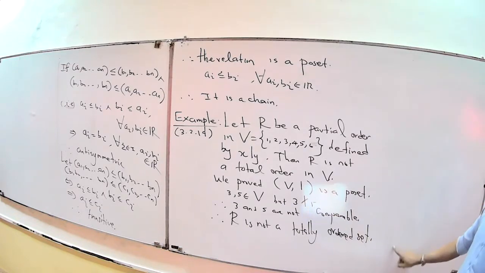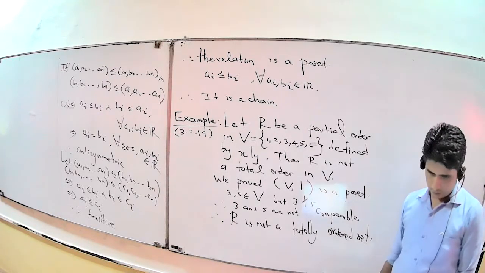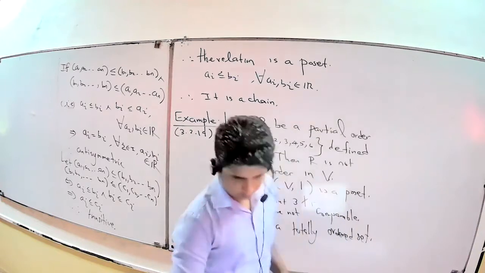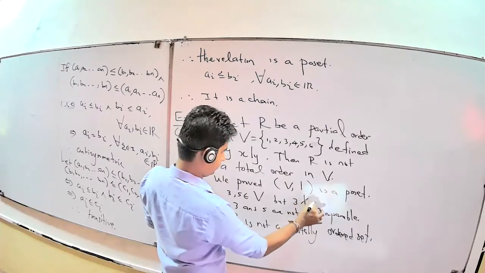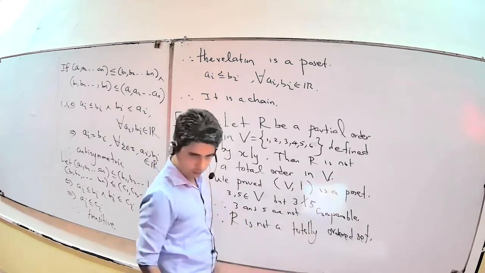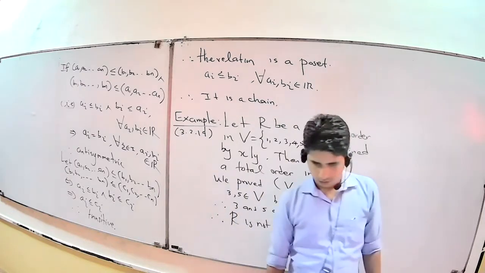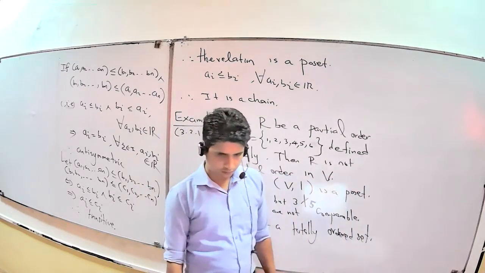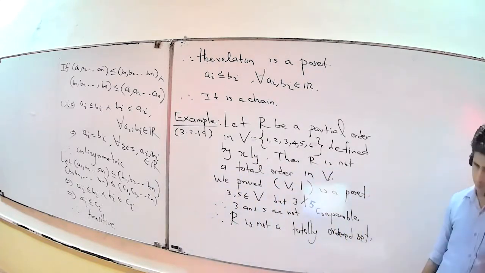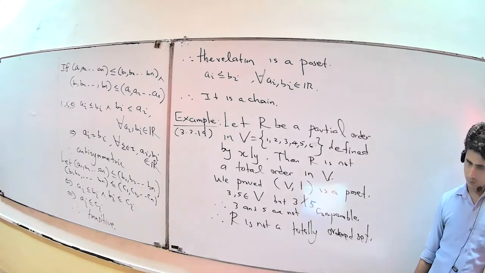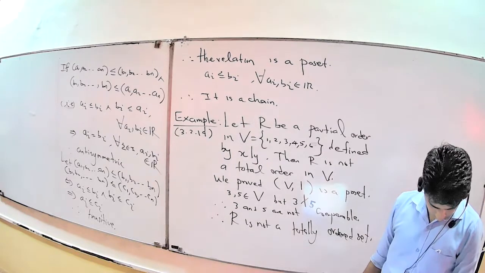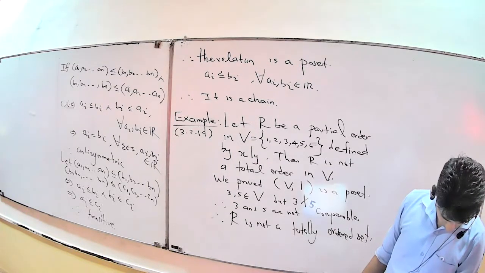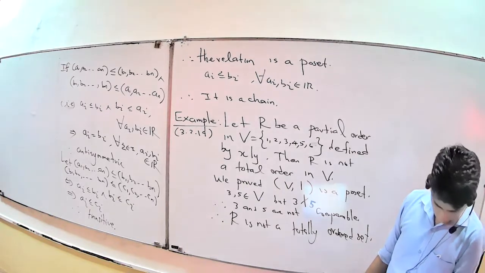Therefore, R is not a totally ordered set. This example, right? 3 does not divide 5. Right? Okay.